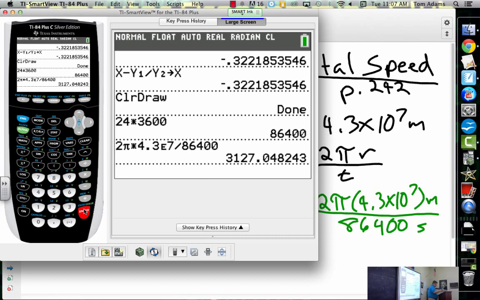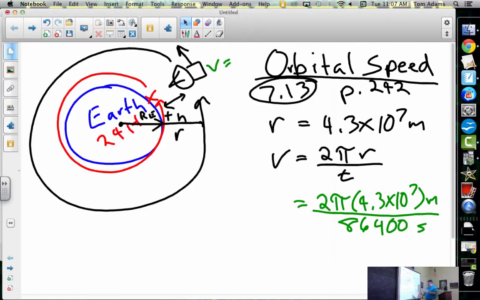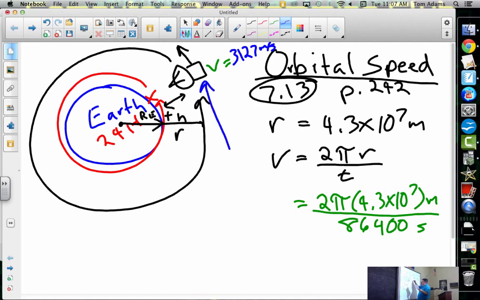That's really fast. The velocity of this thing is about 3,127 meters per second. In other words, the velocity is about 3.13 kilometers per second, right?